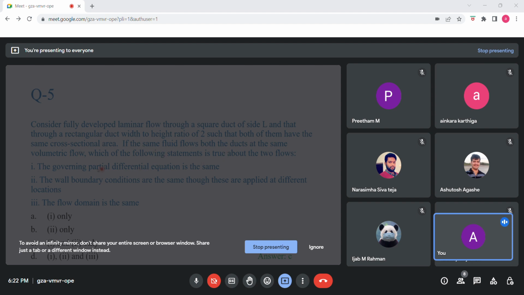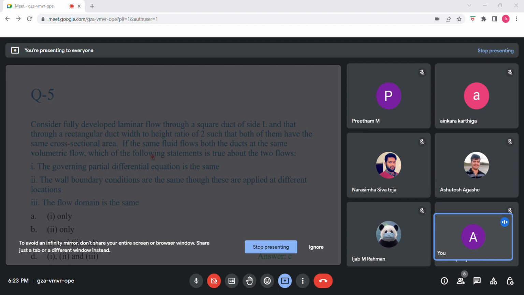The governing partial differential equation is the same, which is true. Since it is a rectangular coordinate system, the equations remain the same.